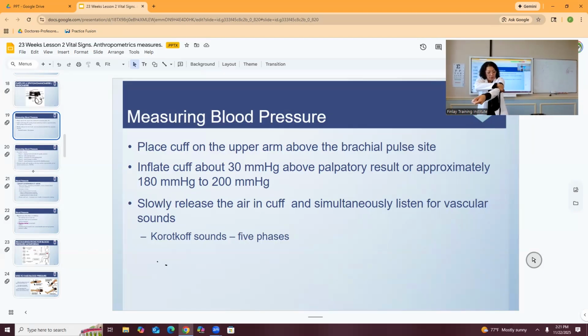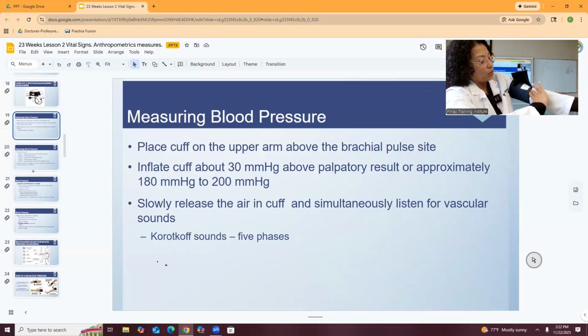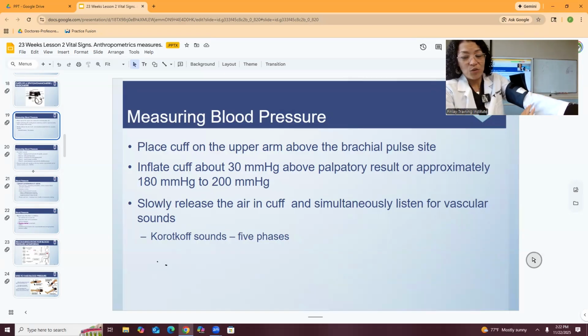Then you're going to put it around. And you have to make sure that you allow 2 fingers to go in easily, okay? Because that is where you're going to put the stethoscope.